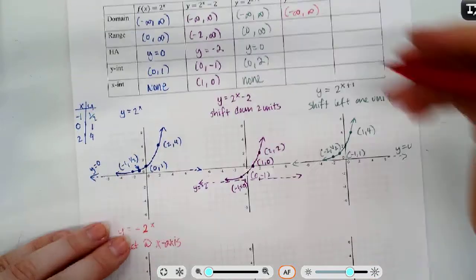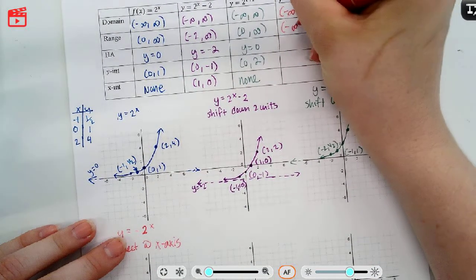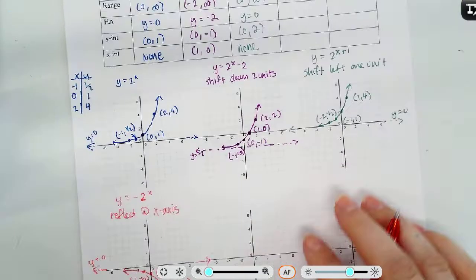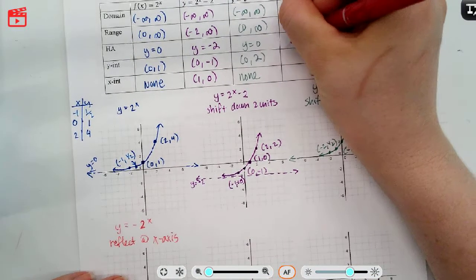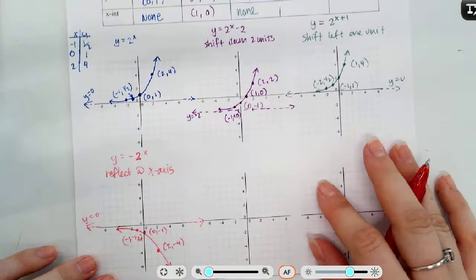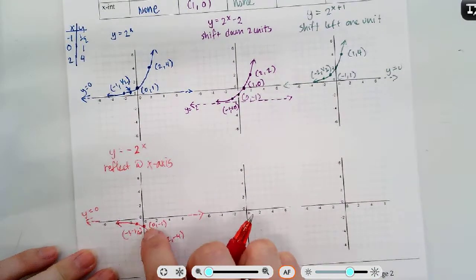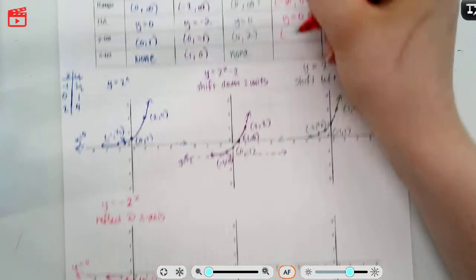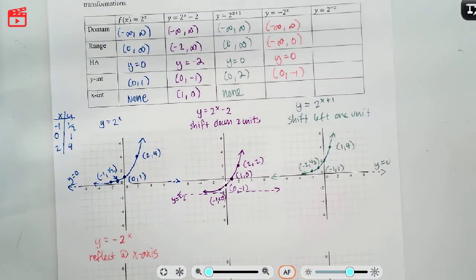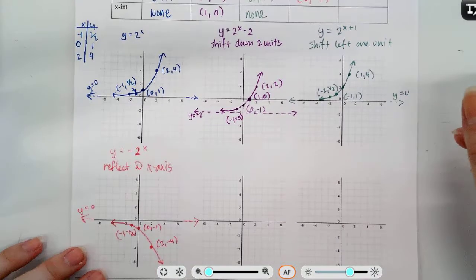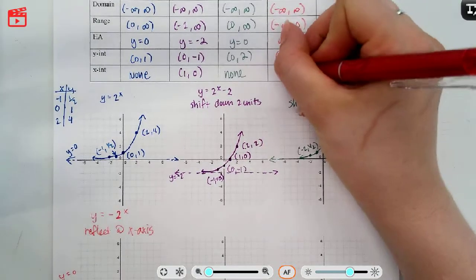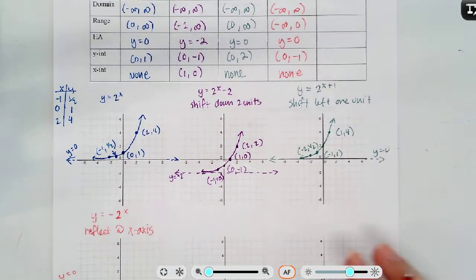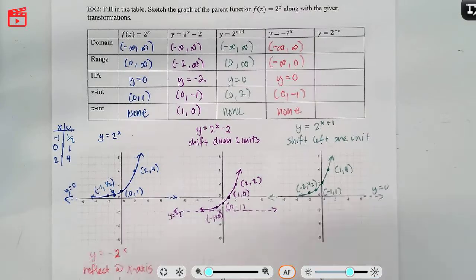I have a new range. It's the flip. Okay, my horizontal asymptote hasn't changed. It's y equals 0. My y-intercept has changed. It's (0, -1). And our horizontal asymptote is still on the x-axis, so we don't have an x-intercept.